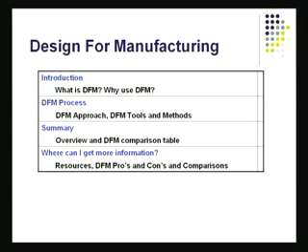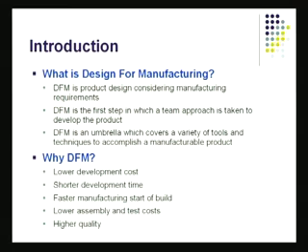And then, of course, I'll provide you with an overview, and I'll give you a comparison of DFM versus other methods for approaching design, which do not consider manufacturability, as an example. And of course, I'll give you some references, so you'll be able to go on and study more about DFM.